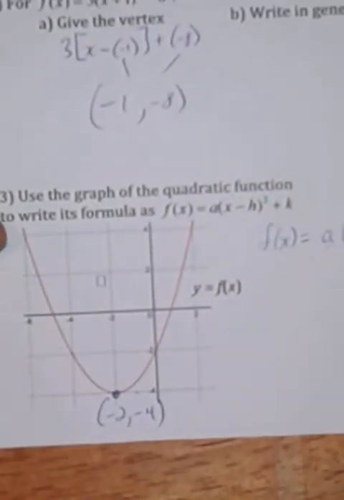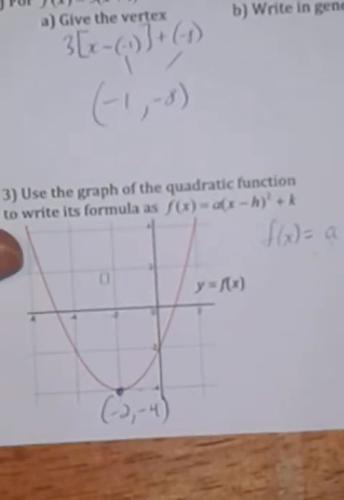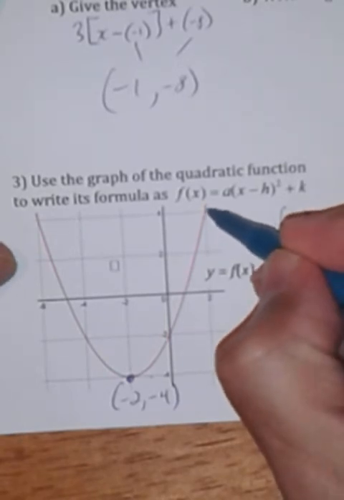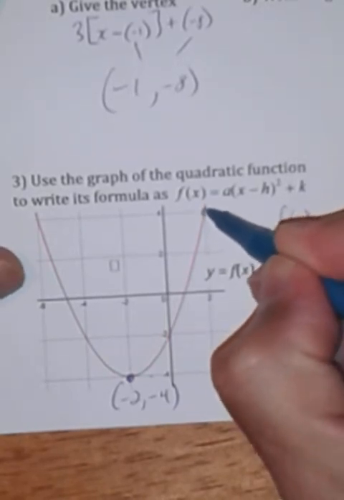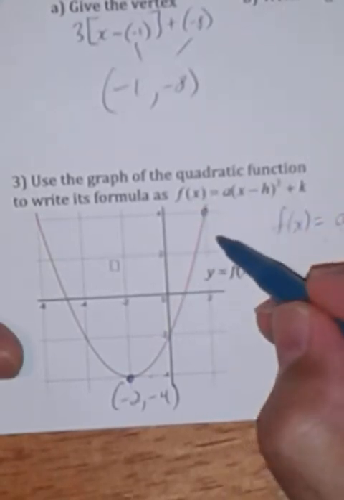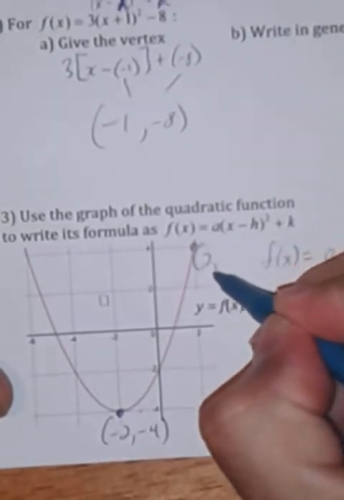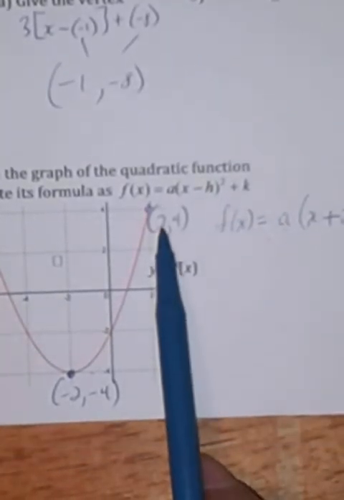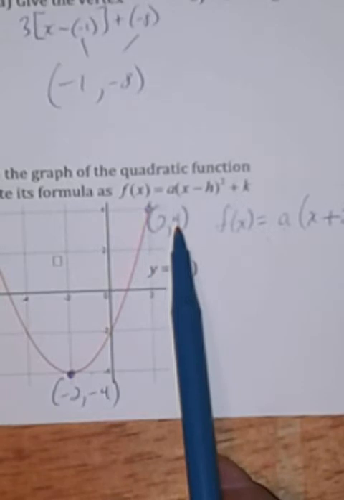Another way to do it is to pick a point on the graph. Okay, so what points are there? Well, there's several that we can use. There's this one up here. I'm going to use this one up here just because you have positive numbers. So you have the point (2, 4) on the graph. So this tells us that when x equals 2, f of x equals 4, or y equals 4.